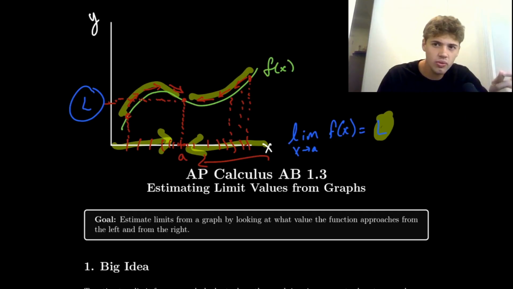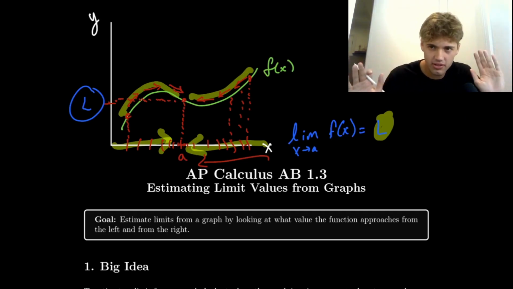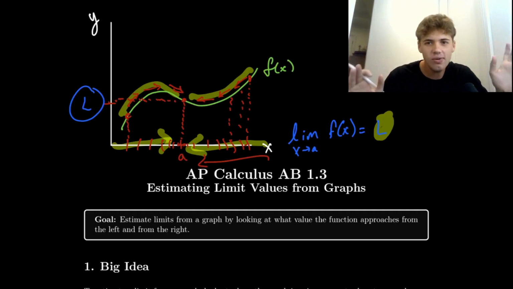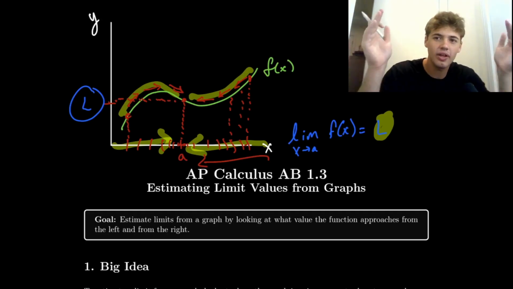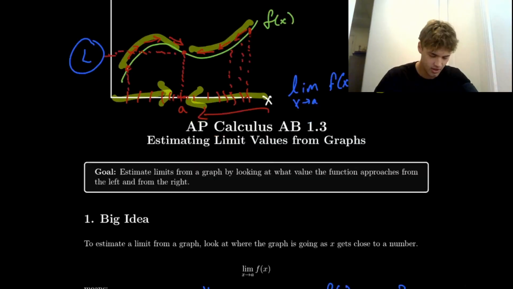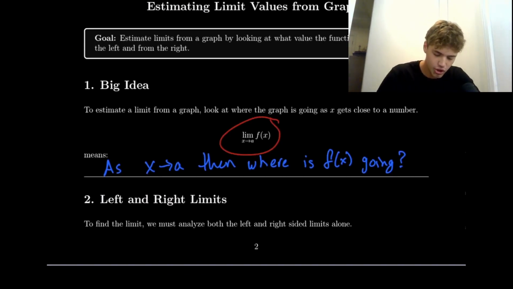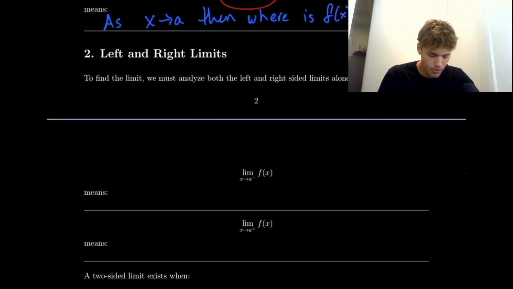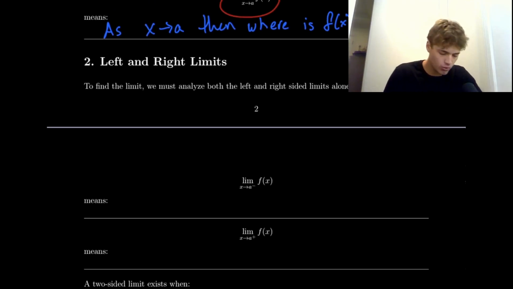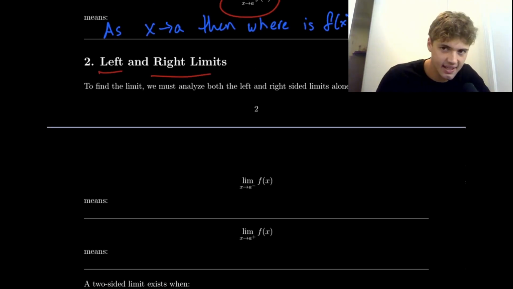But what we do is we actually analyze it from both sides separately first. And then if they are equal, then we look at both sides together. So this is something we call a two-sided limit. But we can look at just the individual left and right-handed limits alone.